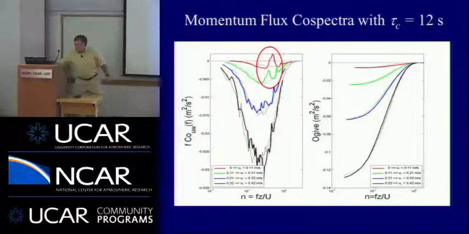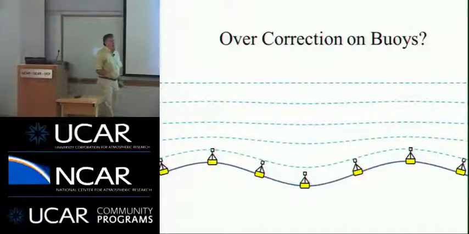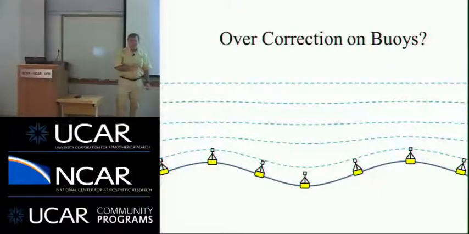So let me just move on to think about one reason why we may be seeing this, an artifact of the motion correction. For example, I've made this schematic. Remember, the buoy is sitting still and the waves are propagating by, but I just moved the buoy along the wavefront.